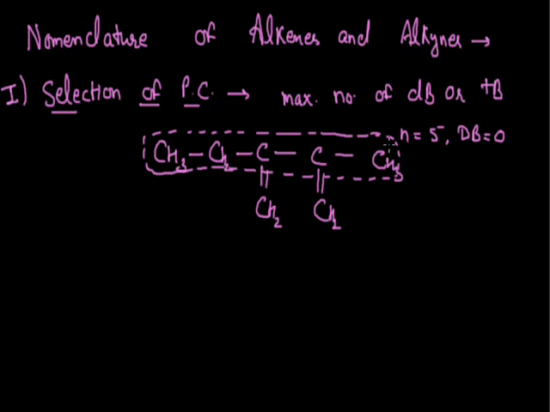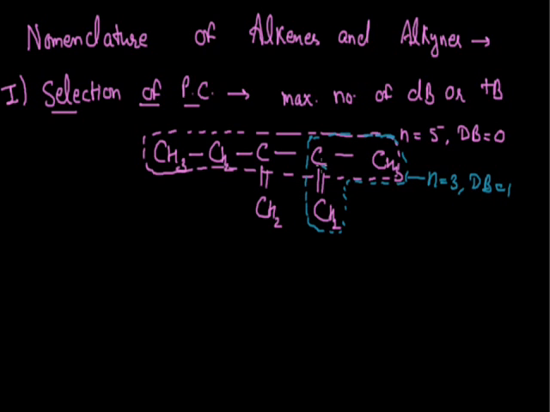On the other hand, if we choose the second option and move in the downward direction, we get one chain like this, and this chain contains only 3 carbon atoms. In this chain the number of carbon atoms is only 3, but it contains one double bond.